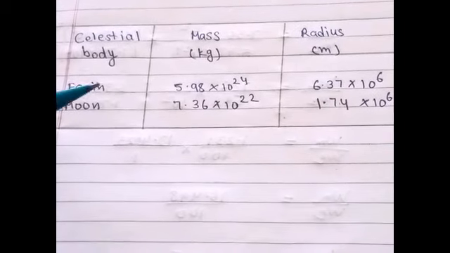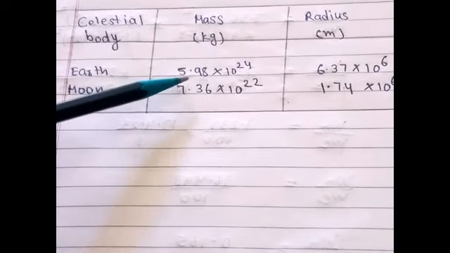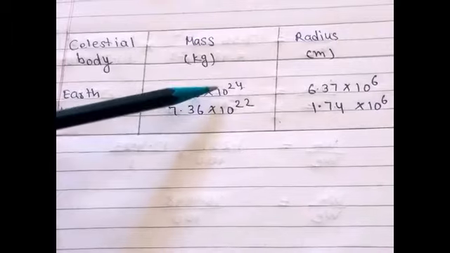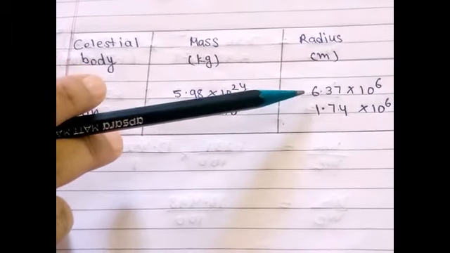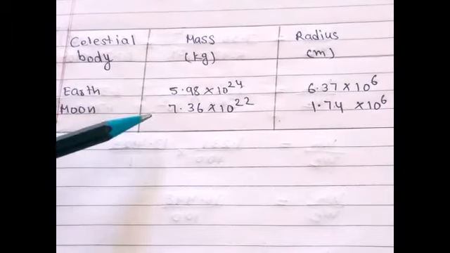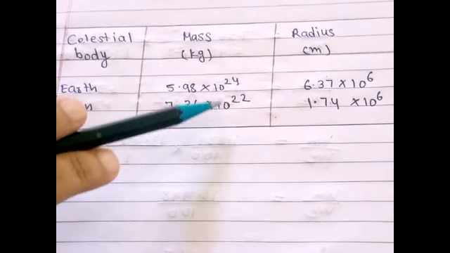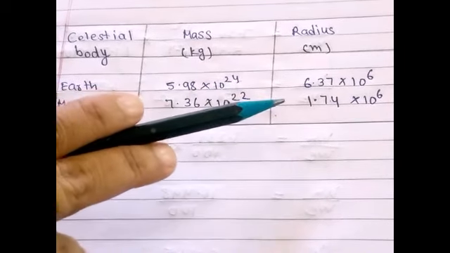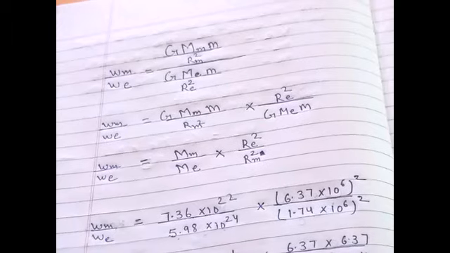By using this table, we can find out the mass of the earth is 5.98 into 10 raised to the power 24 kg and radius of the earth is 6.37 into 10 raised to the power 6. Similarly, the mass of the moon is 7.36 into 10 raised to the power 22 and its radius is 1.74 into 10 raised to the power 6.